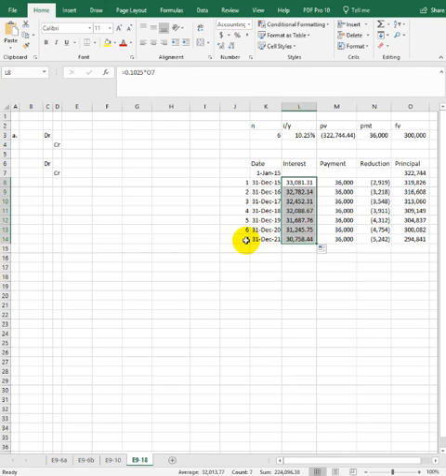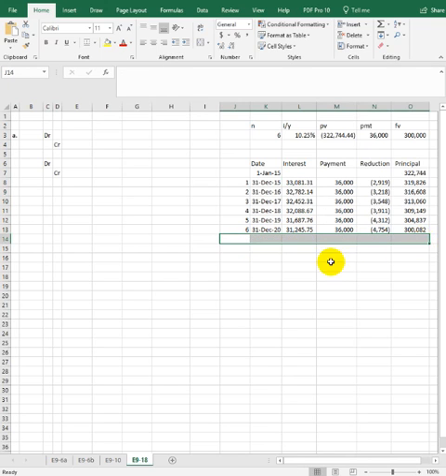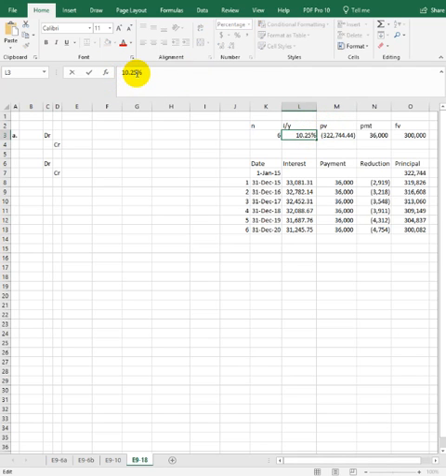Alright, so we can see that the amortization table doesn't quite work out exactly. So let's see if we can get a little more detail. So once again, I'm going to put 6 in my n, compute the I per y, 10.24664. Alright, and so then I think I know what we can do.